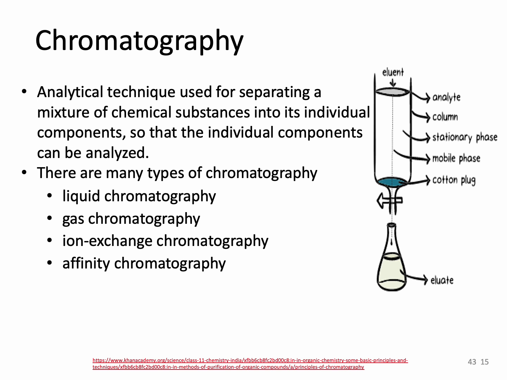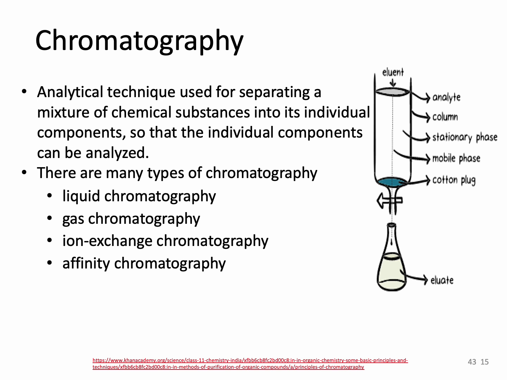So for chromatography, I can talk about the fact that analytical techniques used for separating a mixture of chemical substances into its individual components constitute chromatography, so that the individual components can be analyzed. So we use chromatography to be able to separate individual components. Now, there are many types of chromatography.